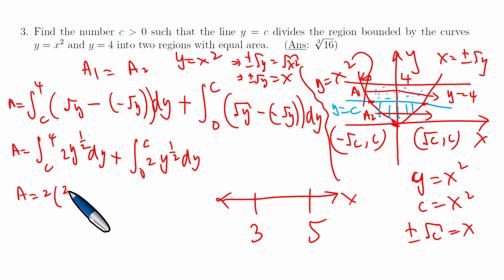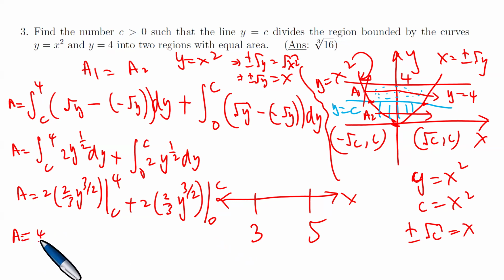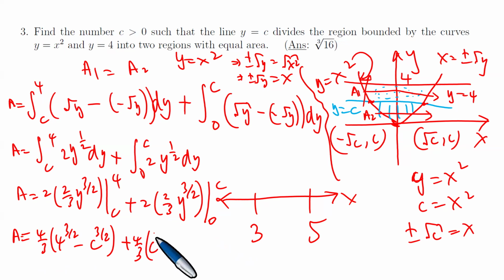If you integrate y to the 1/2, it's 2 over 3, y to the 3/2, from c to 4. Then for the second, 2 over 3, y to the 3/2, integrate from 0 to c. The area becomes 2 by 2, that's 4 over 3, times 4 to the 3/2 minus c to the 3/2, plus 2 by 2 is 4 over 3, then you have c to the 3/2 minus 0.